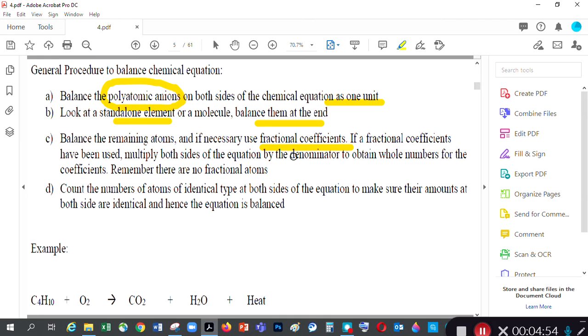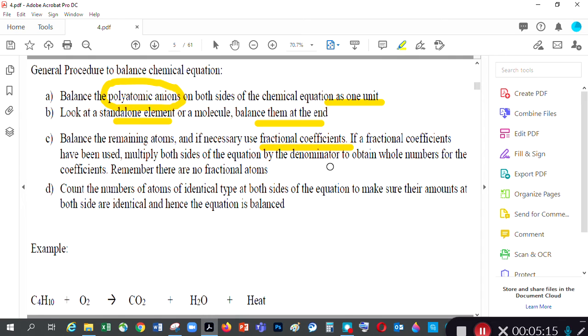However, nature will not support a fractional number of atoms. There are no fractional atoms; there is no half an atom or 1/3 of an atom. Therefore, I have to get rid of the fraction by multiplying both sides of the equation by whatever the fraction number is.